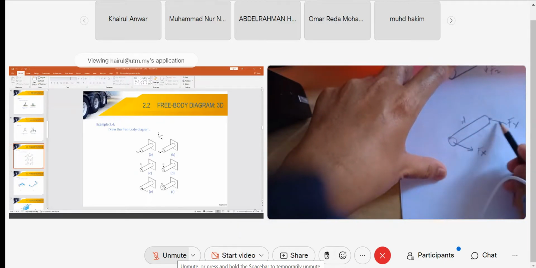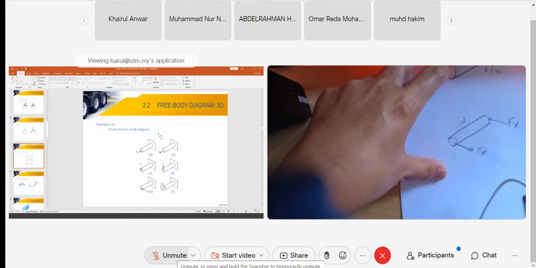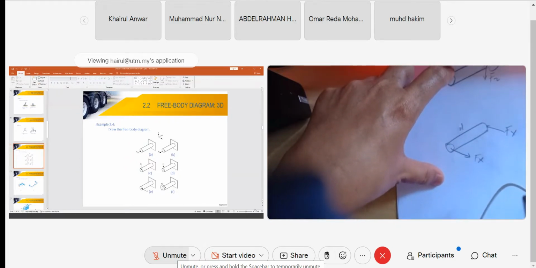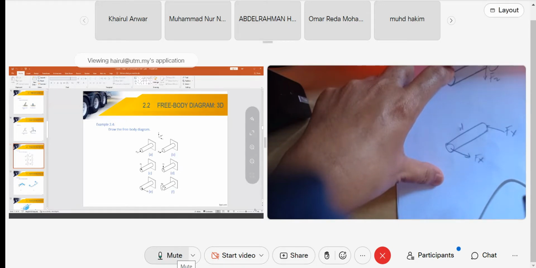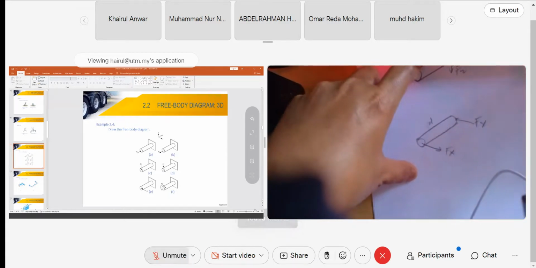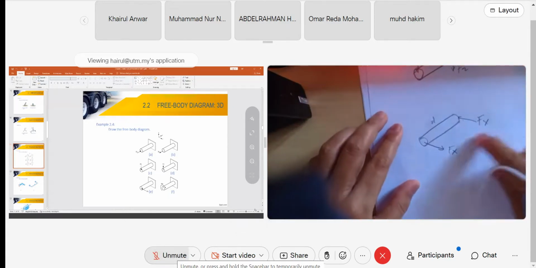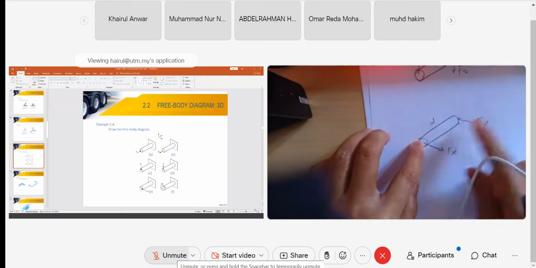This Fx times distance produces what? Positive. What is the direction vector? Fx times distance produces what moment vector, Mz, My or Mx? Yes, Mz. Force times distance produces Mz.